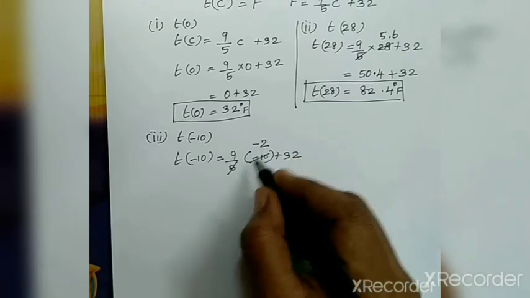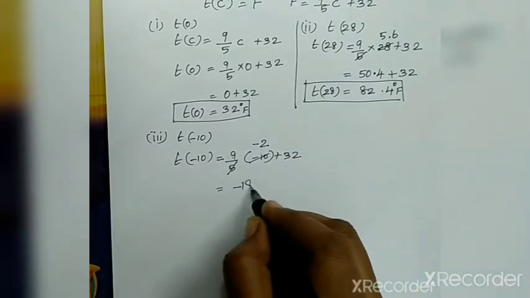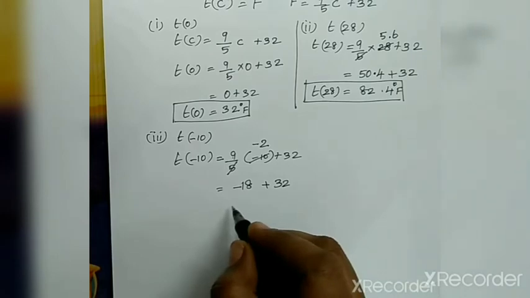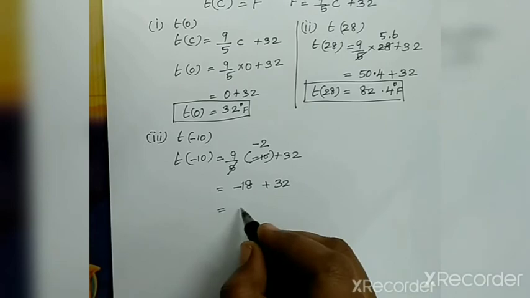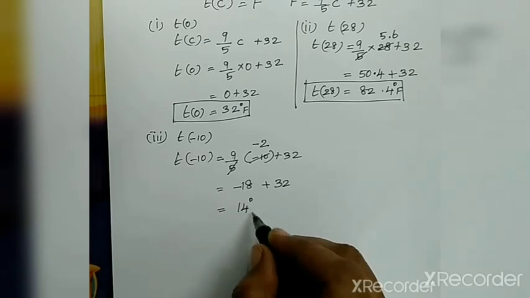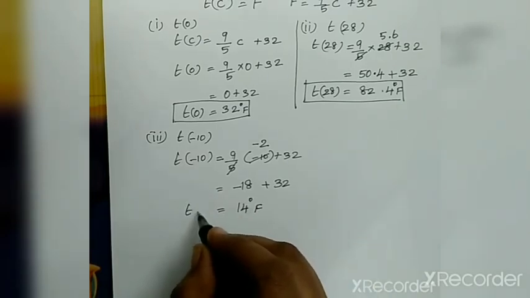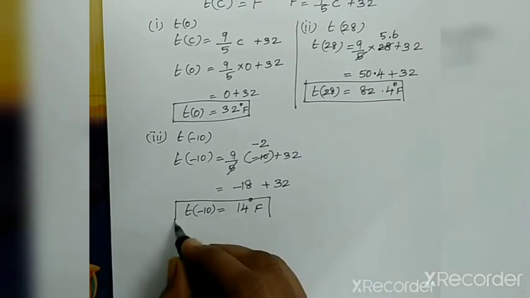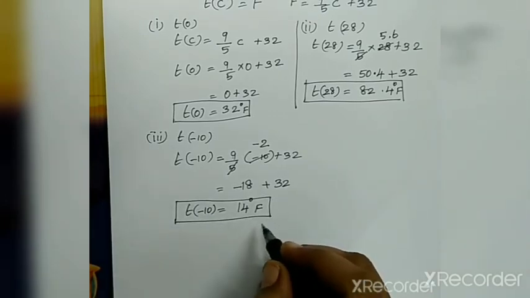Multiplying 2 and 9, it becomes minus 18 plus 32. Subtracting 18 from 32, we get 14. We get 14 degrees Fahrenheit. The value of T of minus 10 is 14 degrees Fahrenheit.